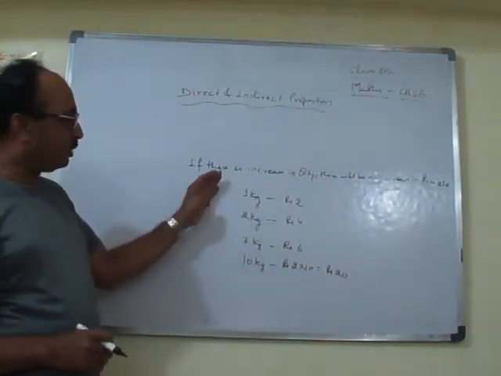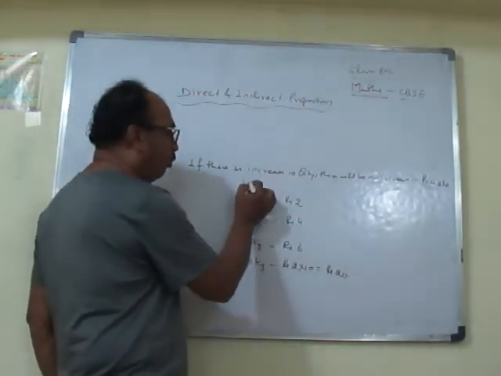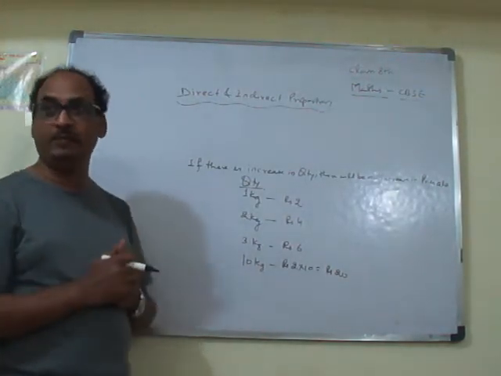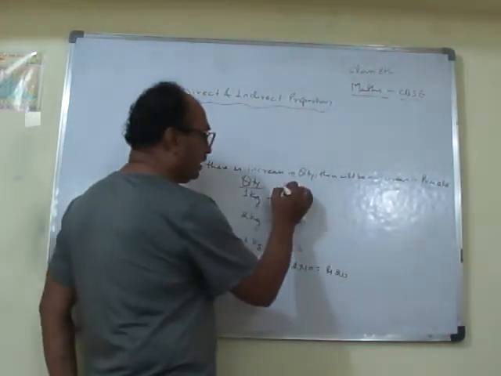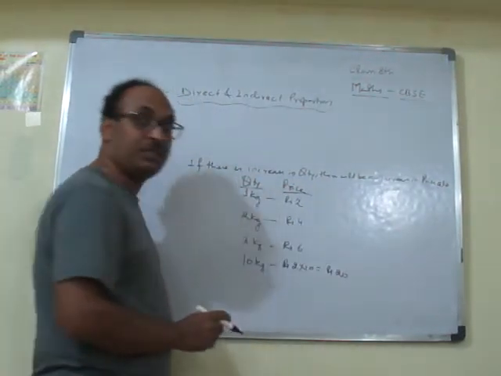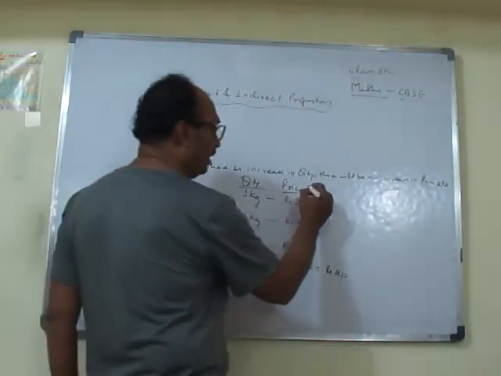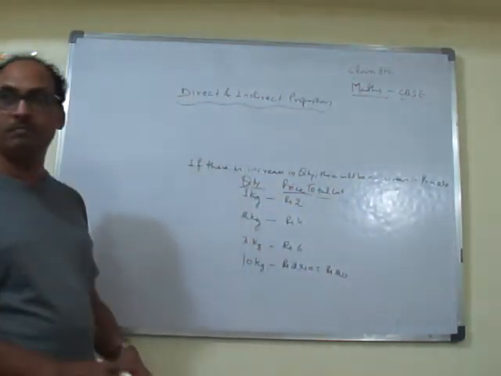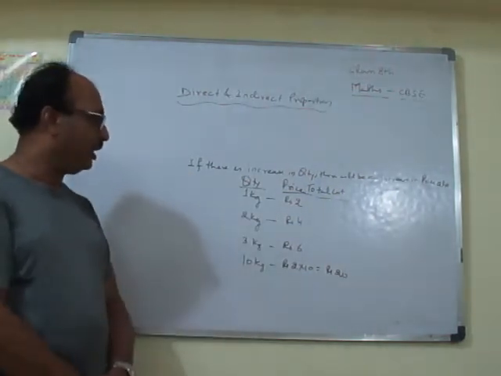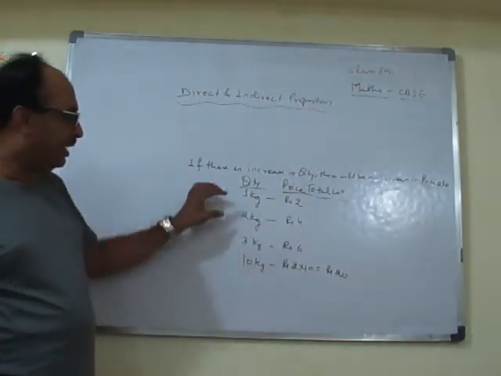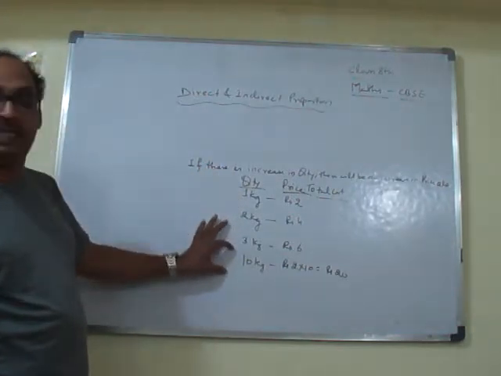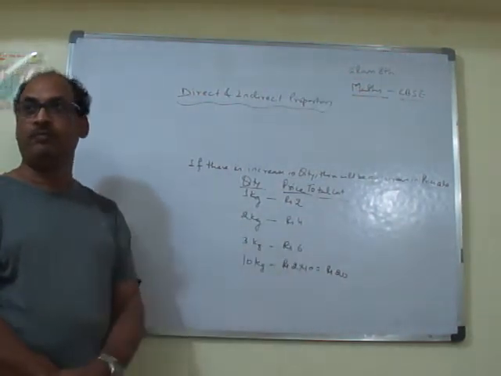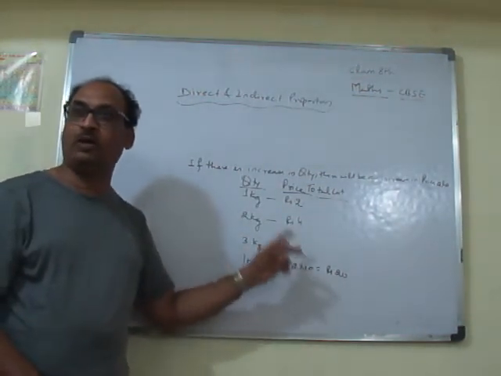Now, in this, one side you have written the quantity of the item, and another side you have written the price, or total cost. When we go on increasing quantity, there is an increase in total cost also.